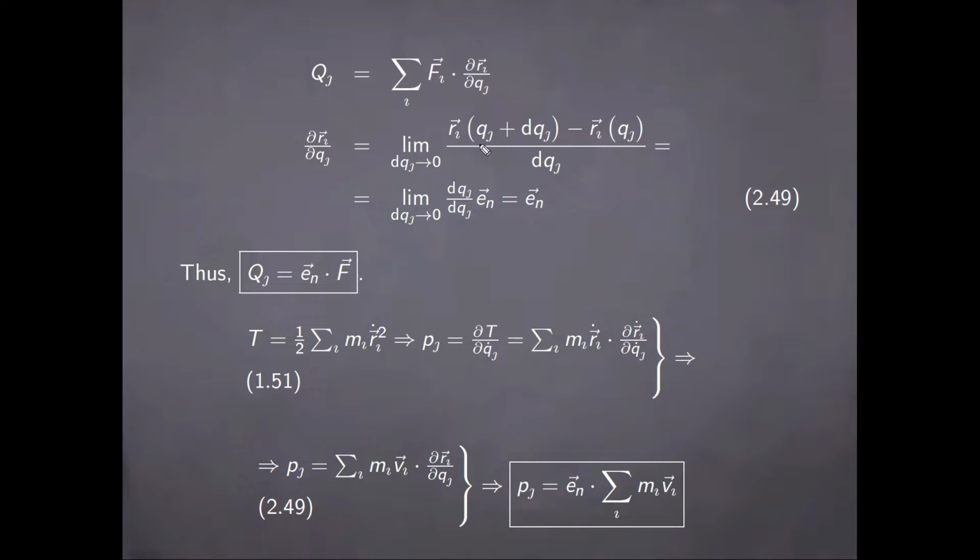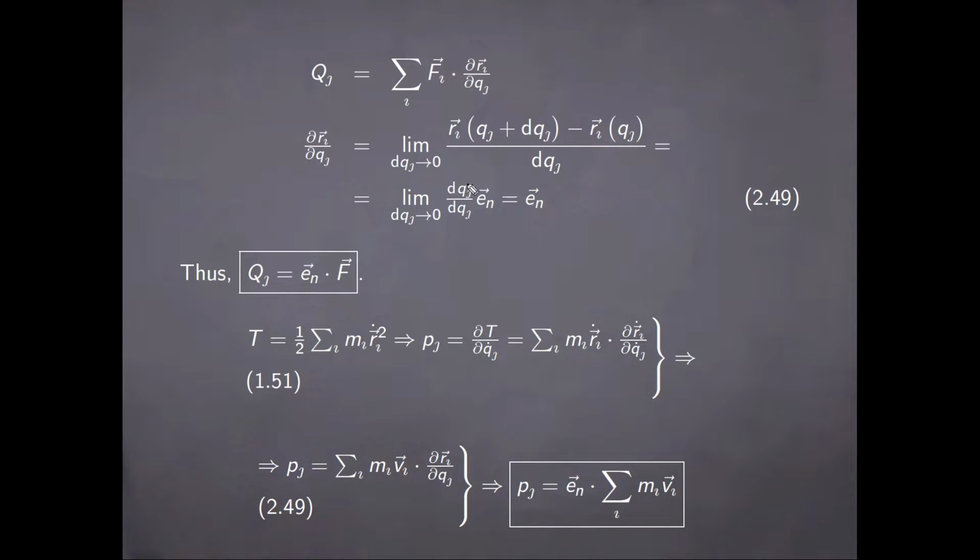infinitesimal displacement. But if we're speaking about a translation, then clearly the difference here is just a vector pointing in the direction of translation and having as magnitude precisely the value dqj.